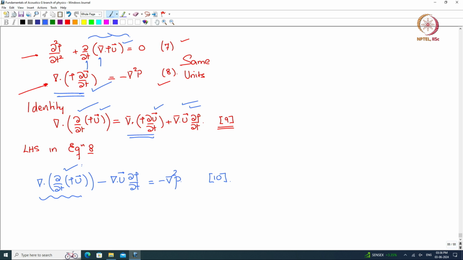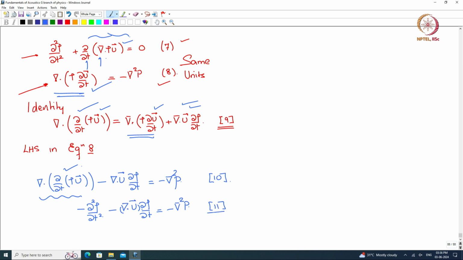So if I replace this term I get minus del 2 rho by del t square minus del dot u del rho into del rho by del t is equal to minus del square of p. Okay, call this 11.